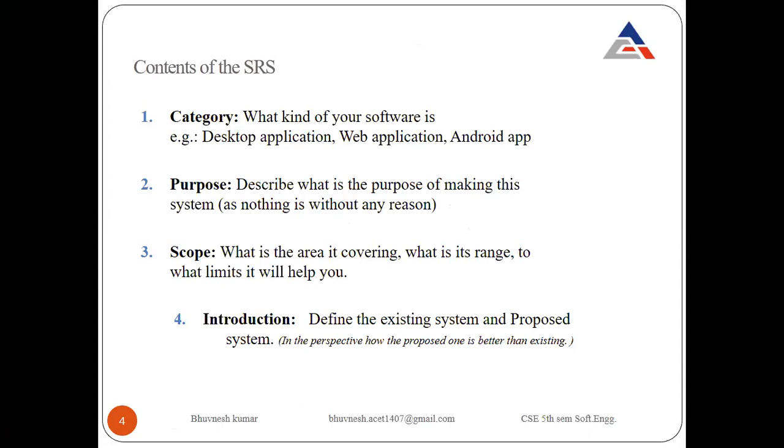We are developing a project, and this project also has some purpose, and that purpose will be described in our SRS also. Purpose describes why we are making this system. Why we are making this project, what the purpose is, that should also be mentioned in your SRS.